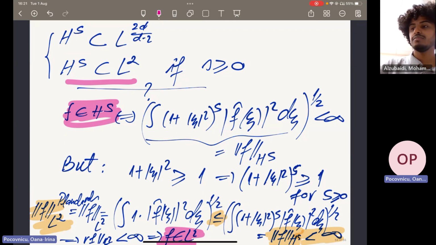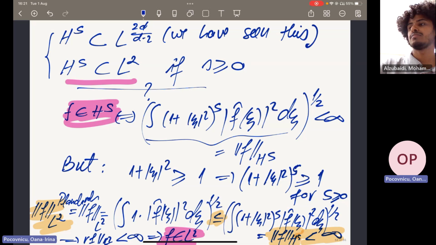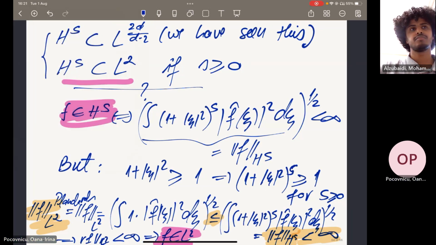Okay, so now we have seen this, and we do something called interpolation. Maybe I'm not going to give details here.